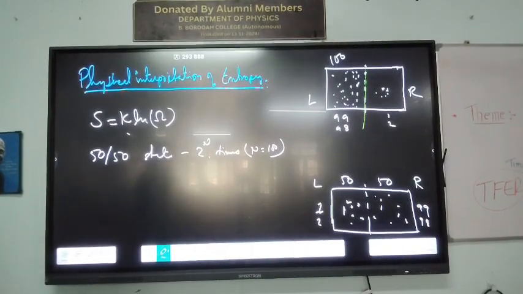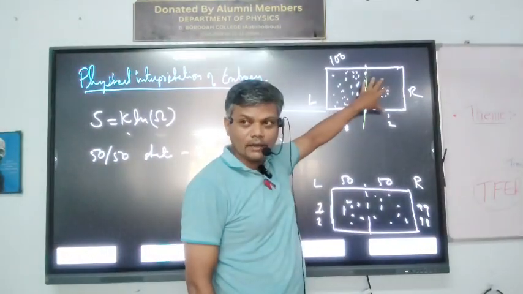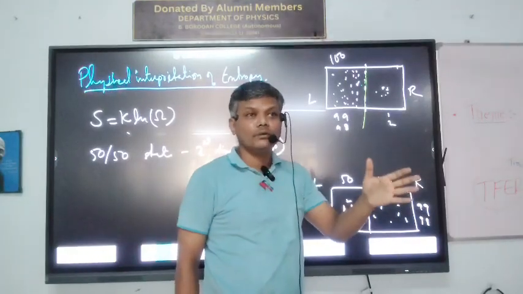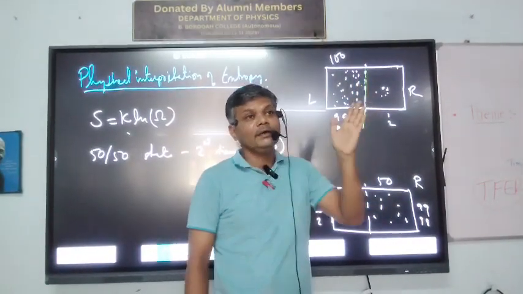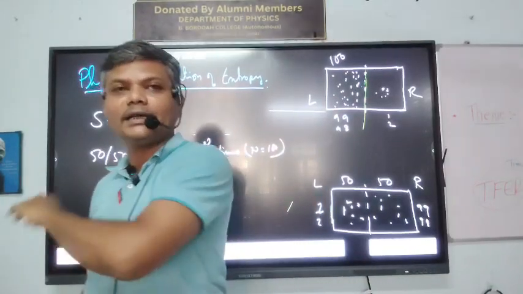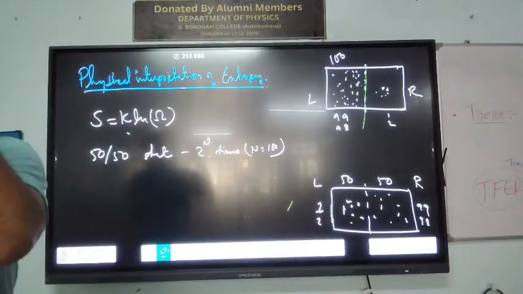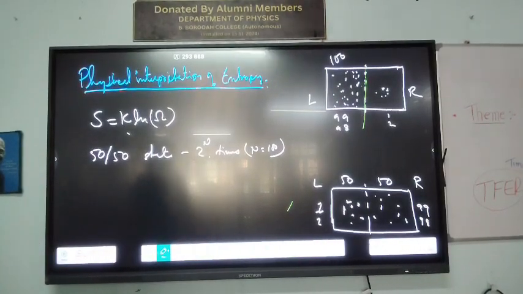Okay, so this state is the least occurrence, this state the most occurrence. That means all molecules in the left is least, all molecules in the right is least, and the 50-50 situation will be the highest.